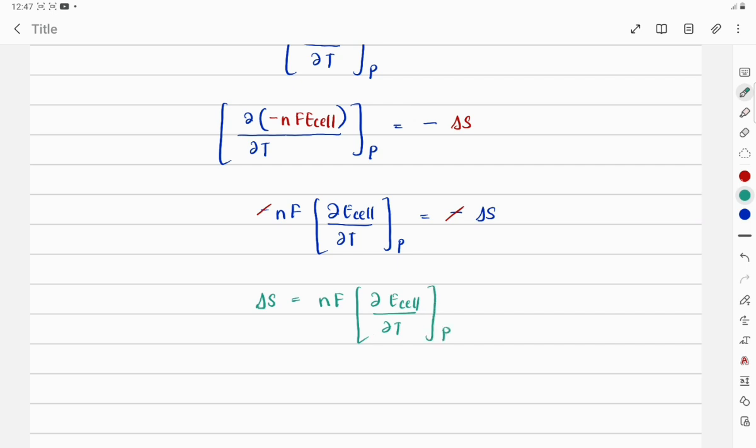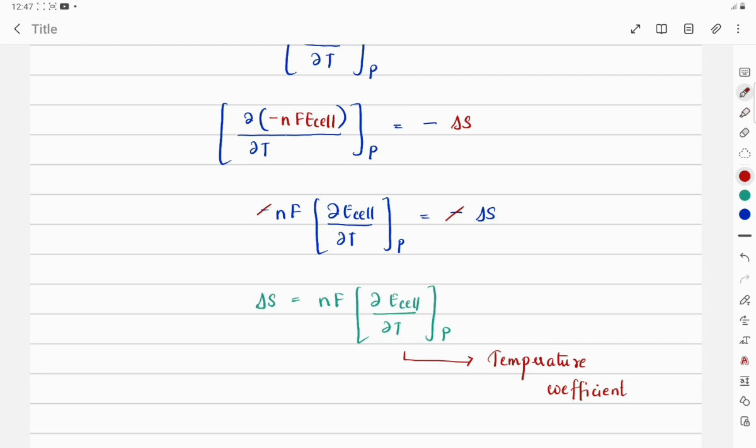This term, dou E cell by dou T, has a special name, and it is called the temperature coefficient. So dou E cell by dou T at constant pressure is called the temperature coefficient.